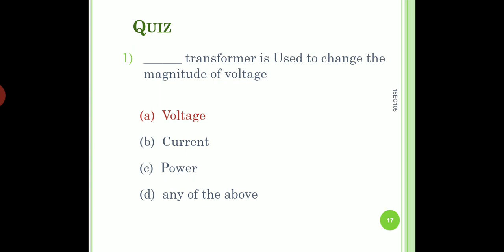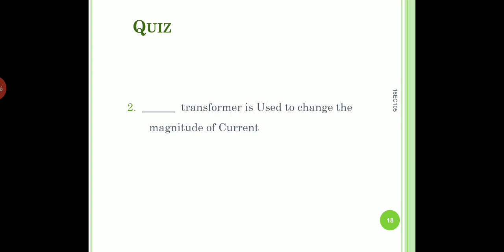We use a voltage transformer to change the magnitude of a voltage, either step up or step down. Let us see the next one. Dash transformer is used to change the magnitude of the current. A current transformer is used to change the magnitude of a current.